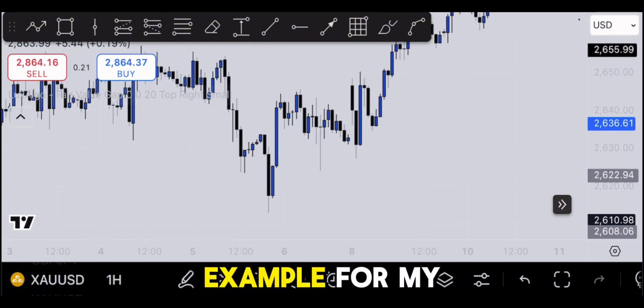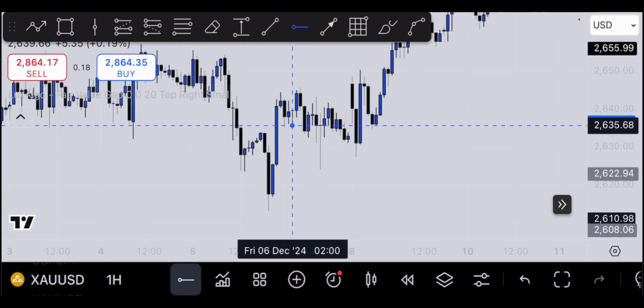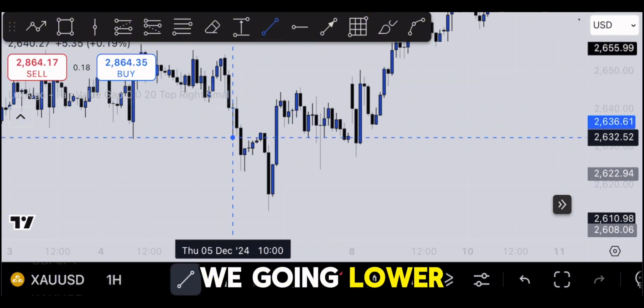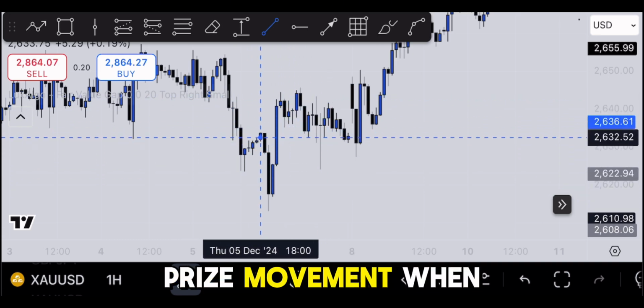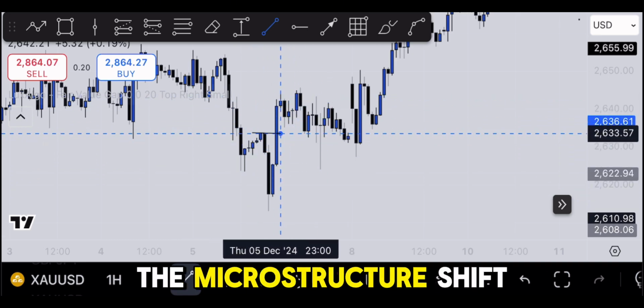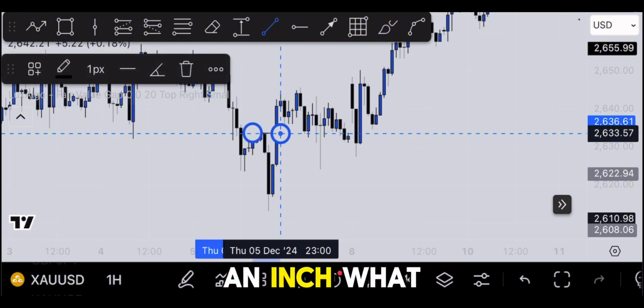So I'll give you guys another example for market structure shift. You see that we're going lower, then we're still going lower, then we broke. It was an aggressive price movement when we broke. So this is the market structure shift right here. So to find an entry, what do we do?